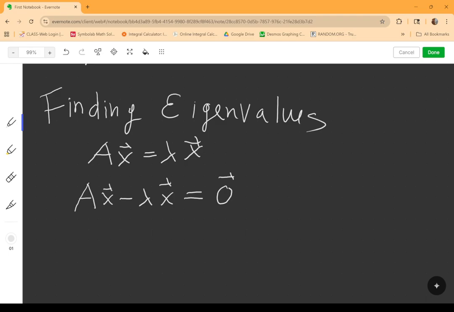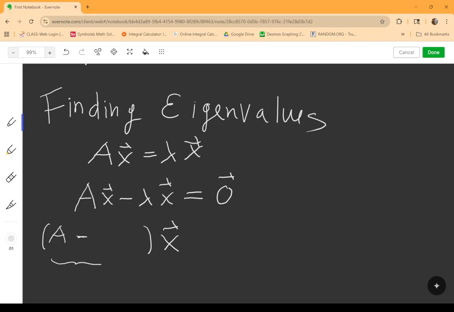Another thing we can do is factor on the right, not on the left. A and lambda are not the same kind of object: A is a matrix, lambda is a scalar. So I'll factor on the right, since I have x here. I do have to be careful how I treat this. The one on the left is just A, that's fine. Minus, but remember this is lambda, and I need these operations to work out properly.